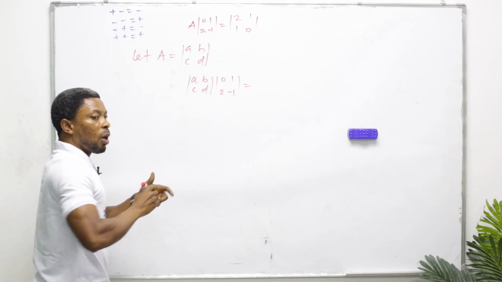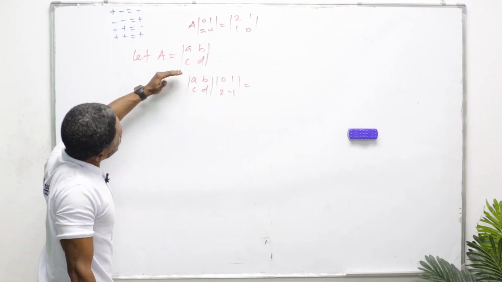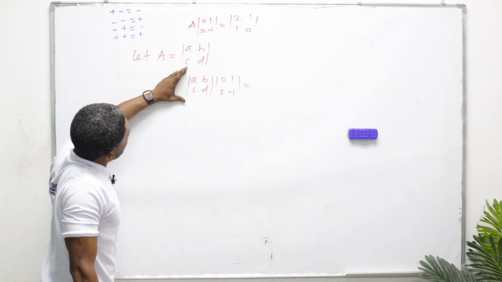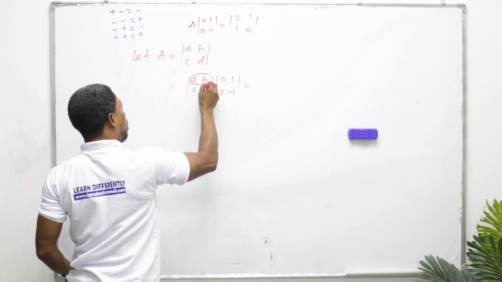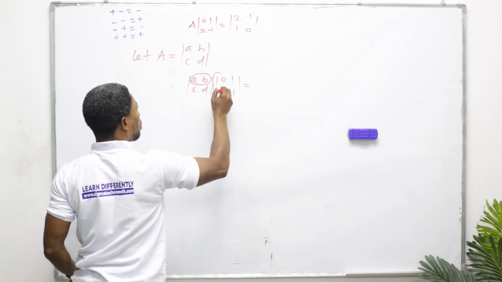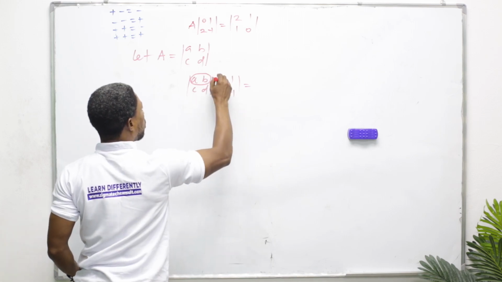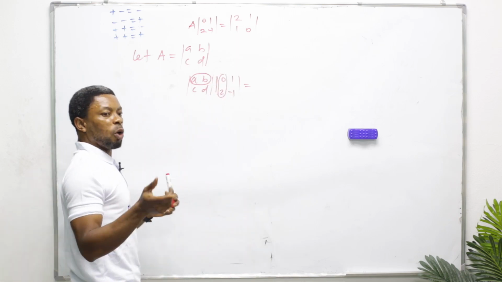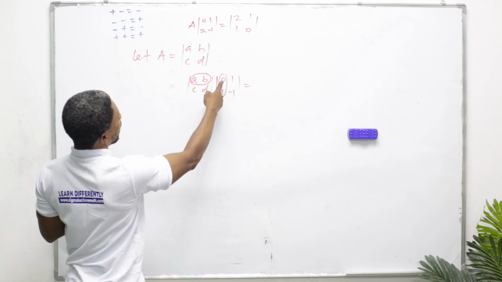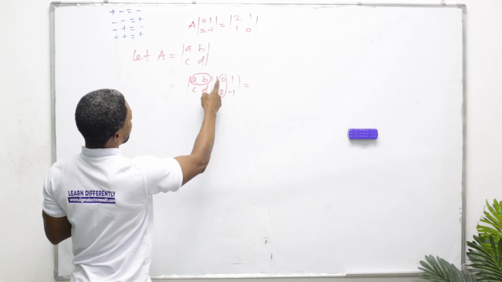Now, let's multiply. When you are to multiply numbers in a matrix, we use row against column. Not the normal way of multiplying numbers. Not A times 0, B times 0, this time.